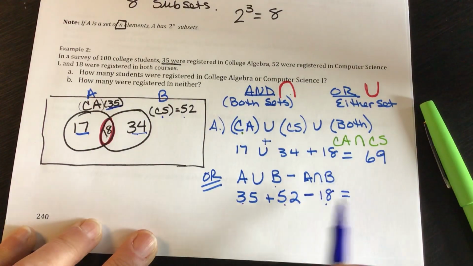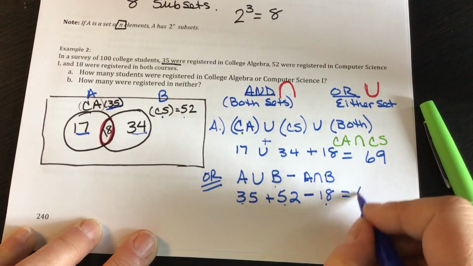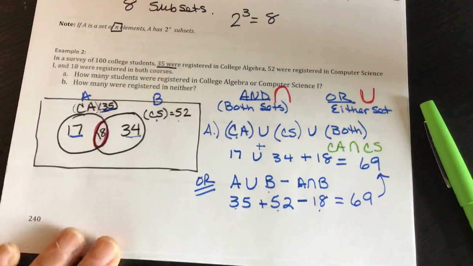And then if I add these together, I'm going to get 69, which is what I had before.